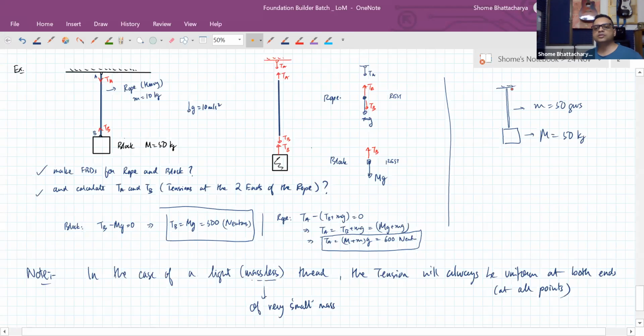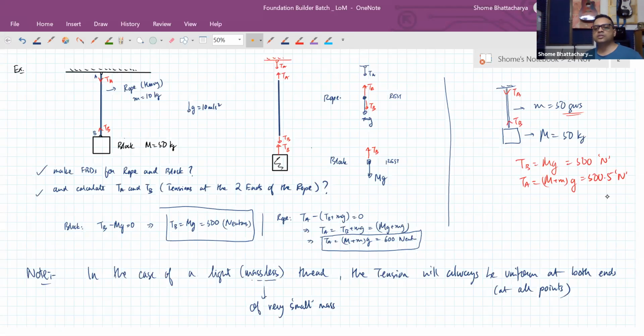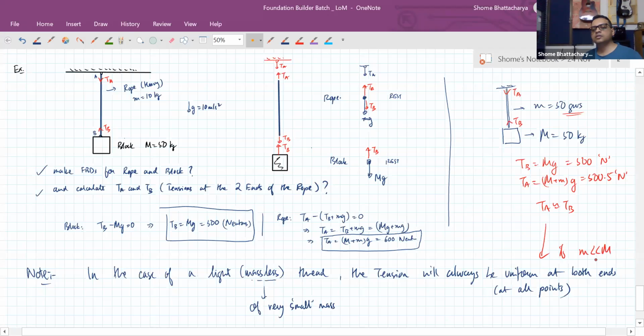Then you will see that the tension which you are getting at the two ends will be such that, like this, because it's only 50 grams. Okay. So you'll see that TA is nearly equal to TB. So from that it follows that if small m is very very small compared to capital M, then tension will be uniform.